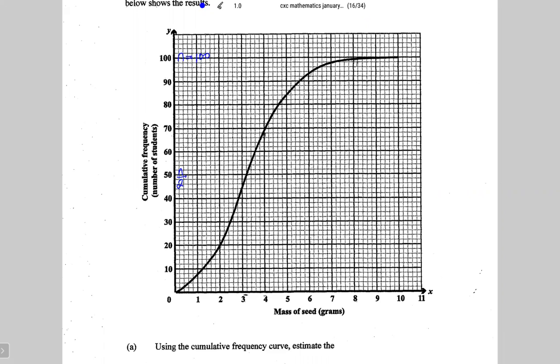Now, the median is the mass given by the n over 2 student. N is 100, so n over 2 is 50. To get the answer, at 50, you're going to draw a horizontal line, and where you hit the curve, you're going to turn and draw a vertical line.